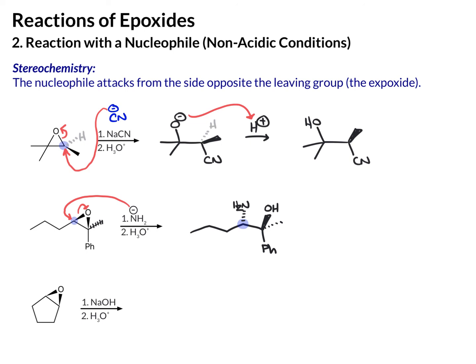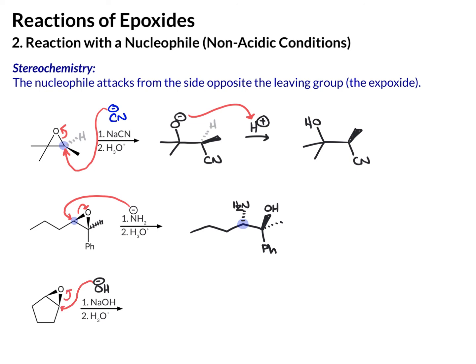One last example here, we're using sodium hydroxide. So that means OH minus is the nucleophile. In this case, both sides of the epoxide are equally substituted and the molecule is symmetric, so it doesn't matter which side I add the OH minus to. I'm just going to add it right here and break that open.